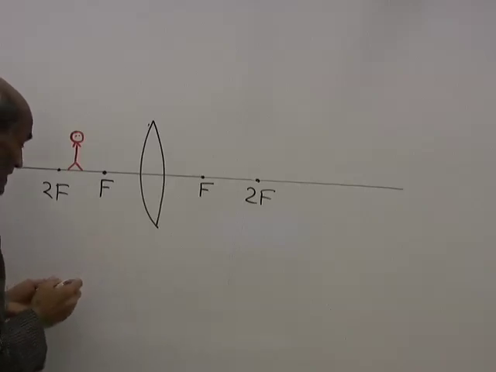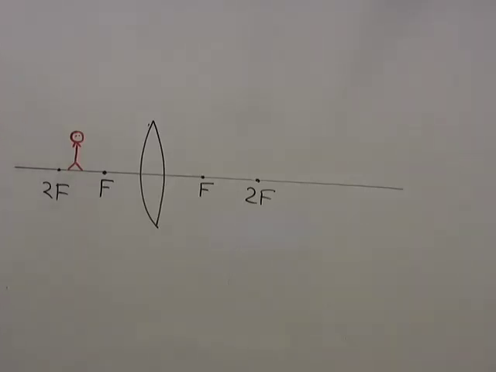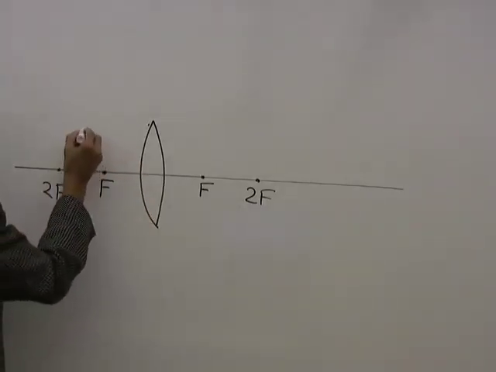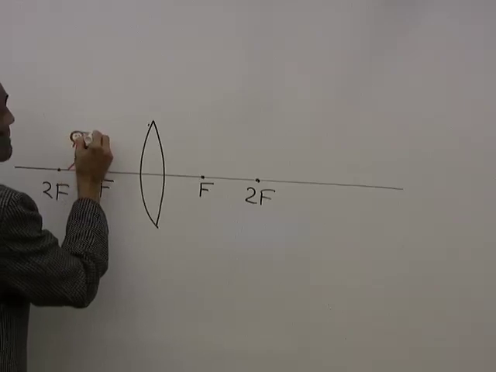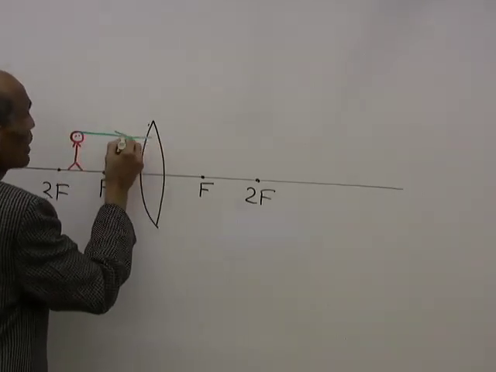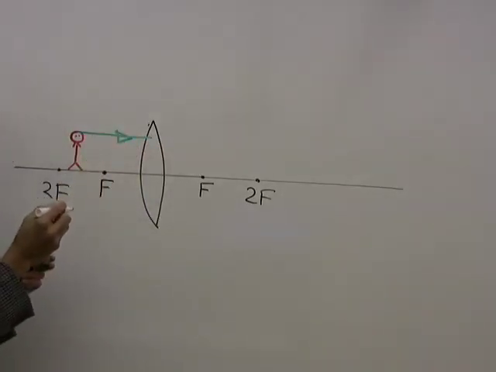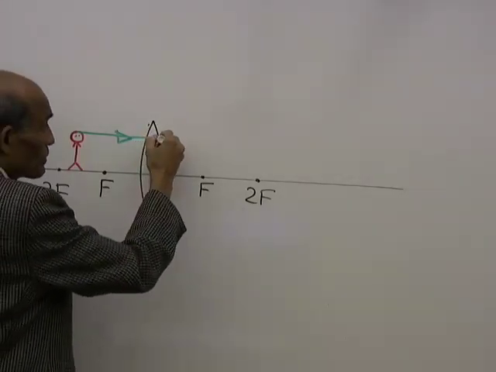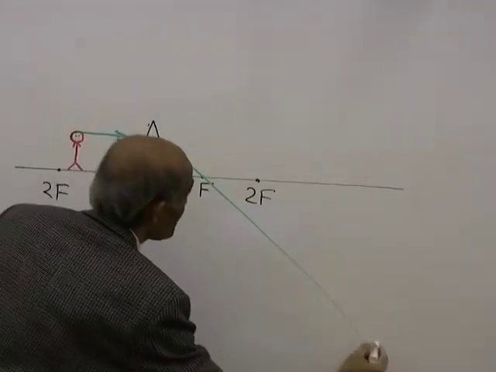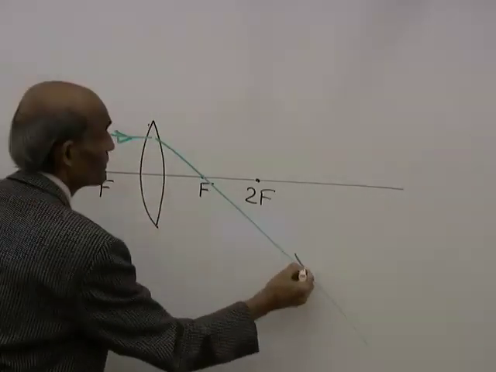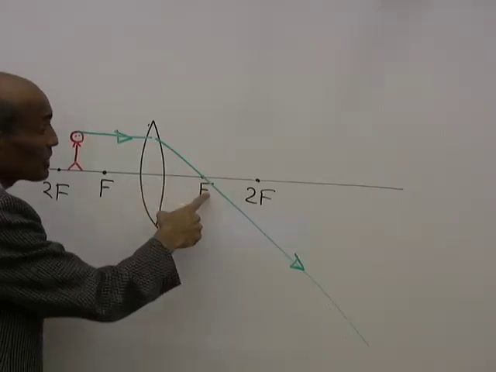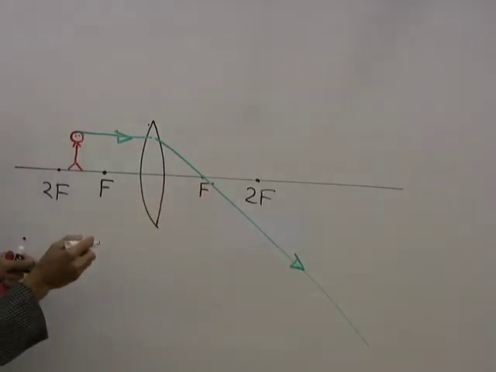Now tell me, if I take a light ray that is parallel to the principal axis. Now here I have a little boy. A light ray starting from his head and falling on the lens. Where will it go? It will go through the principal focus on the other side. There you are. So this ray, after passing through the lens, will go through the principal focus.